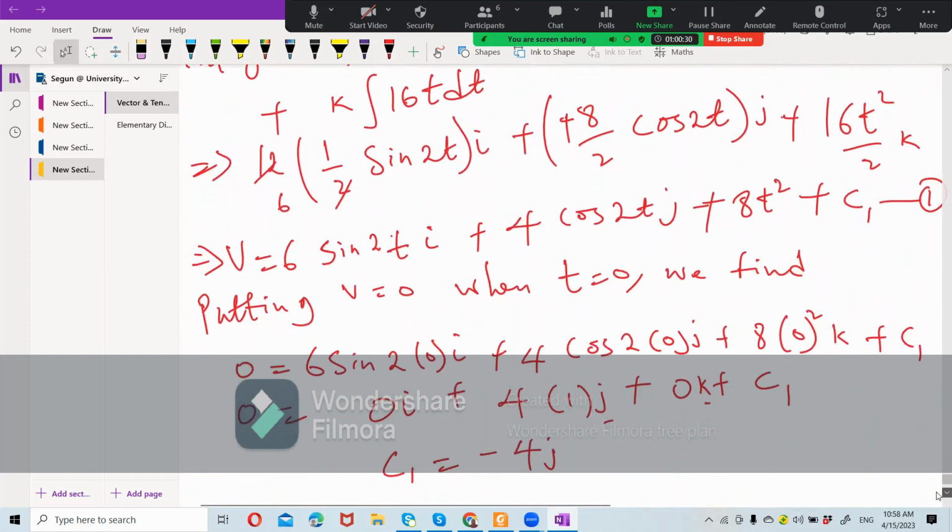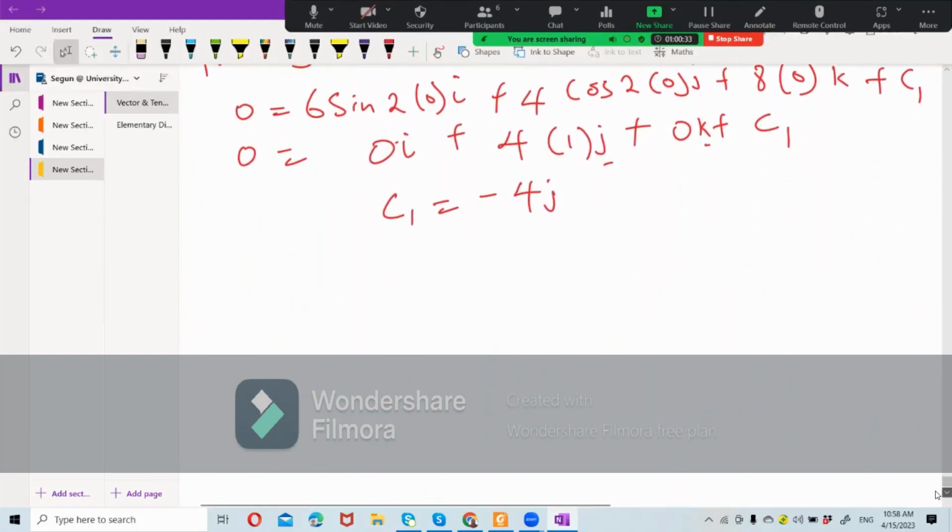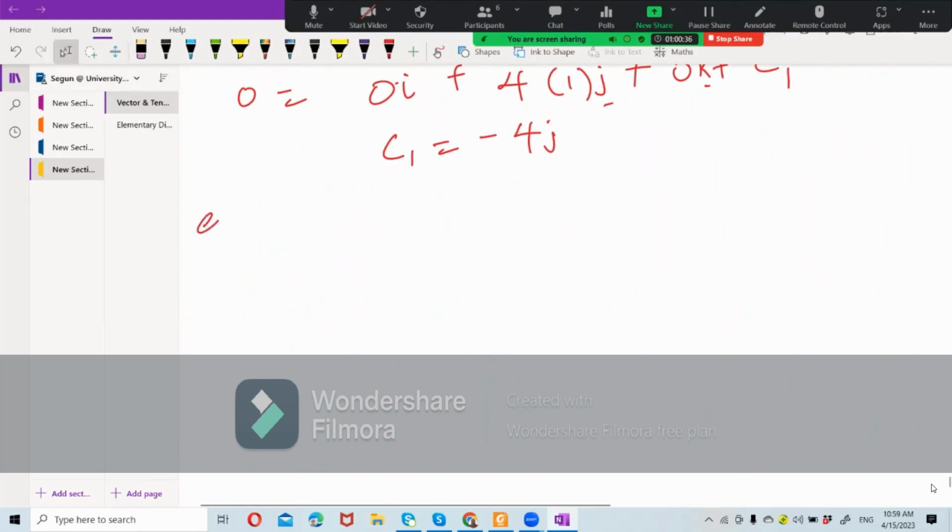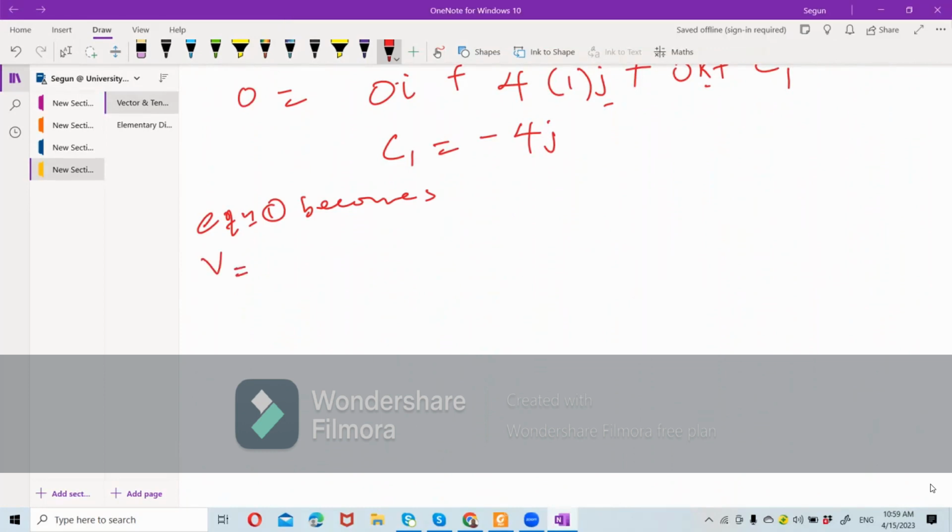Equation 1 becomes V equals to 6 sine 2t i plus 4 cos 2t j plus 8t squared k plus C1. Our C1 is minus 4j.